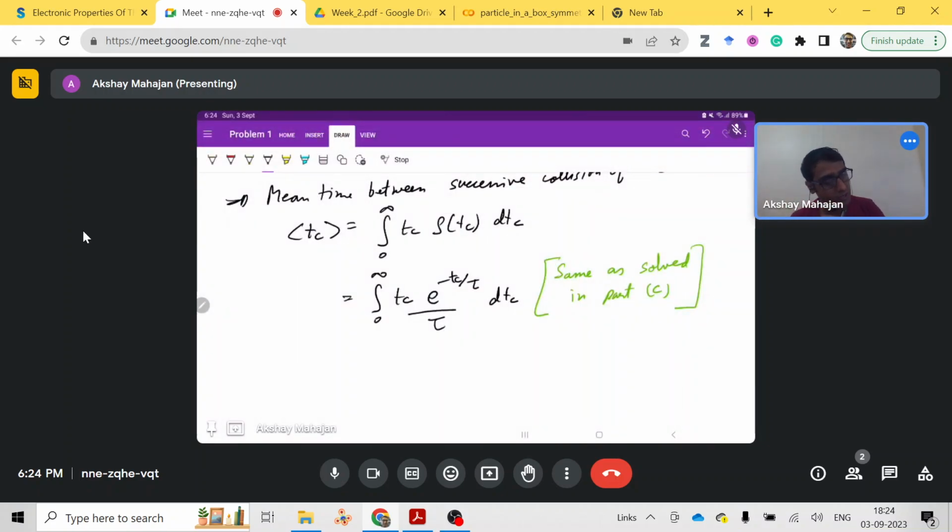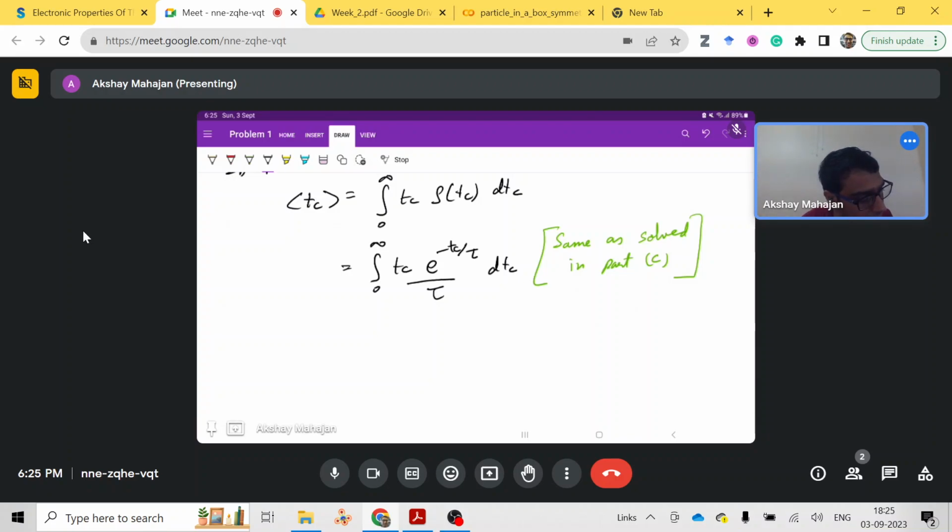So that is basically the same integration, and the answer is going to be the same. This average Tc is basically going to be tau. Let me write it in a different color.